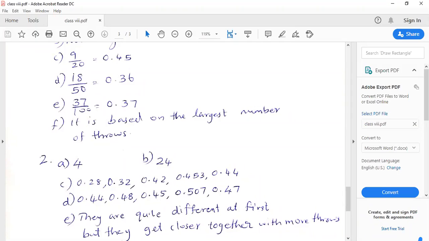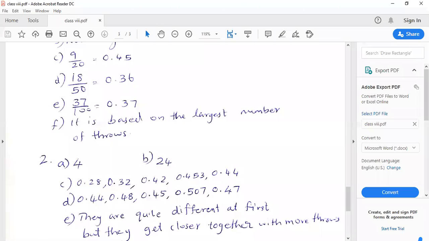Okay, now question F. Put Zelika's and Mia's results together to get the experimental probability based on 400 results. It means 94 plus 88. How much? 182. Yeah, 182 out of 400.